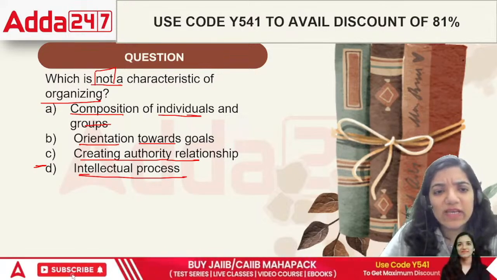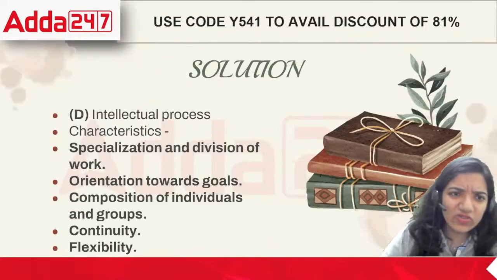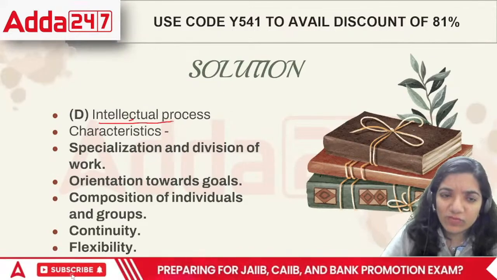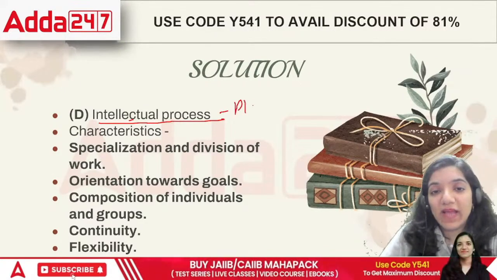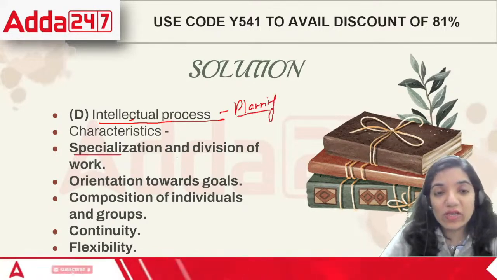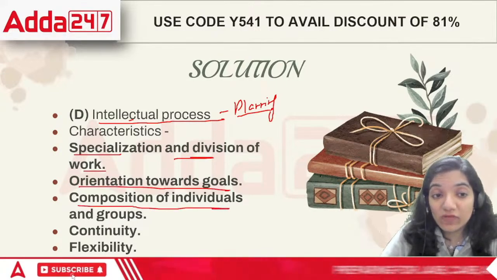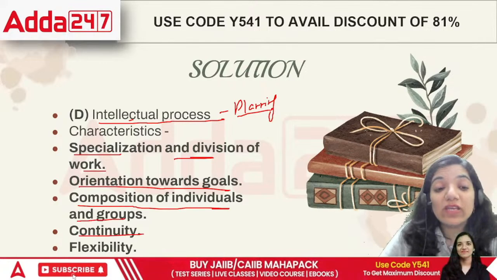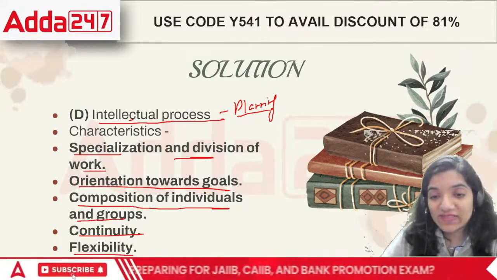Orientation towards goals, creating authority and responsibility relationship, these are important. But this is not an intellectual process. Intellectual process is basically planning. Planning can be called an intellectual process. So, specialization and division of work, orientation towards the goals, composition of individuals and groups, continuity, flexibility, these are all a part of organizing. Right?